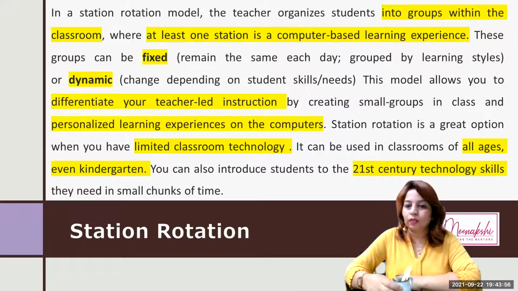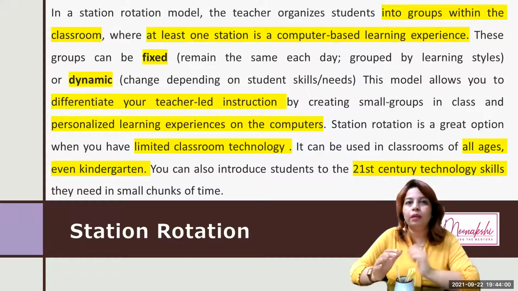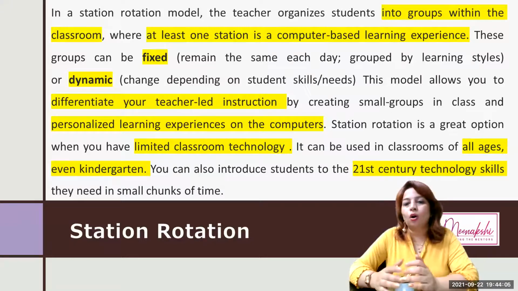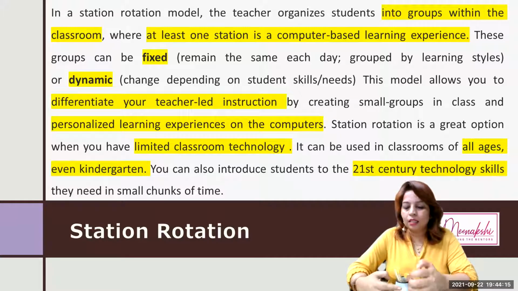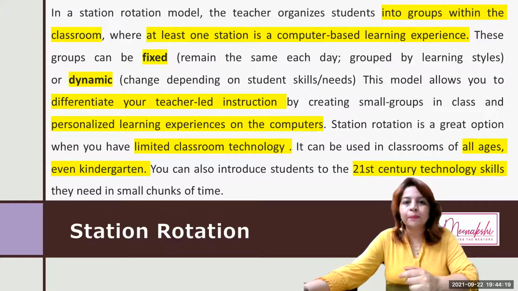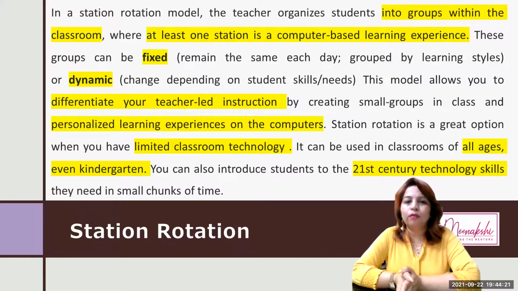Either, as I always use, popsicle sticks, or maybe based on their learning style, the students can be divided into different groups, or you may use various kinds of apps and tools available to randomly select the students so that they can be divided into groups, right? One of them is Wheel of Names that I frequently use in my classes. There are a number of other tools also available for that.